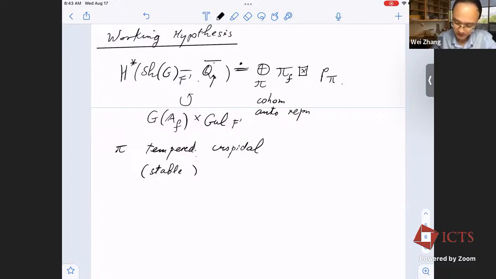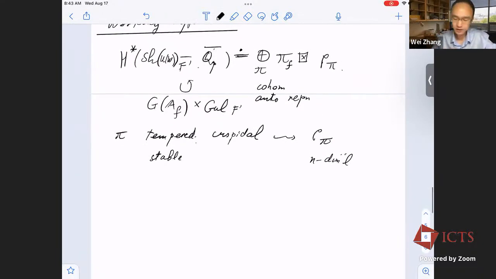In that case, you expect rho_pi to be an irreducible n-dimensional Galois representation. Actually, sorry, I should have said G is the unitary group, U(W).